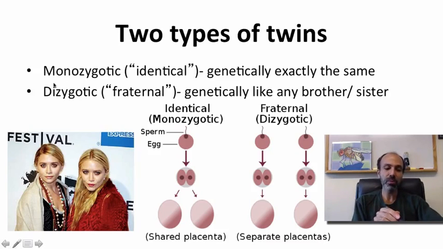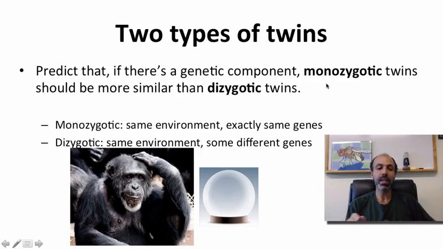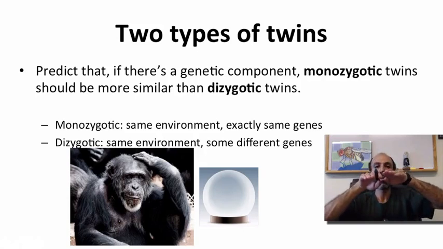Now, we can leverage this difference between the monozygotic and dizygotic twins. We predict, if there's a genetic component to some trait, so let's say you're looking at height, the monozygotic twins should be more similar to each other in that trait, such as height, than dizygotic twins. On average, if you look across monozygotic twins, they should be very, very similar.